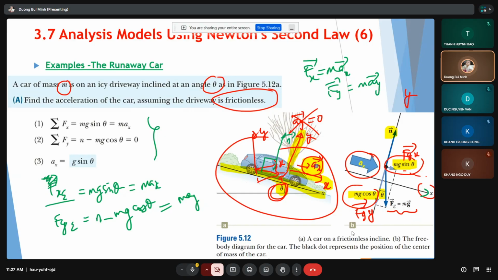Like I mentioned before, because a is parallel with the x-axis, a_y will be 0. Remember that we choose the x-axis to be similar to the moving direction, so you only have a_x, no a_y. That means you get 0. We combine equations 1 and 2, and you can get a_x equals g sine theta. That's all. You understand?